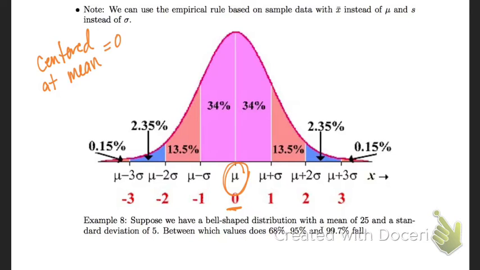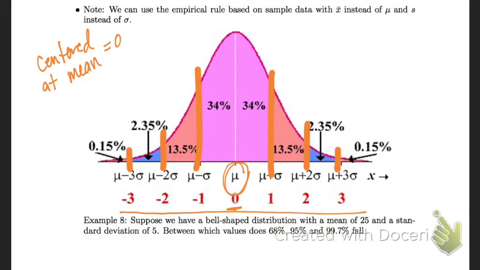Then you're going to go out 3 standard deviations on each side. So we're going to go up 3 standard deviations, down 3 standard deviations. In this case, the standard deviation is 1.